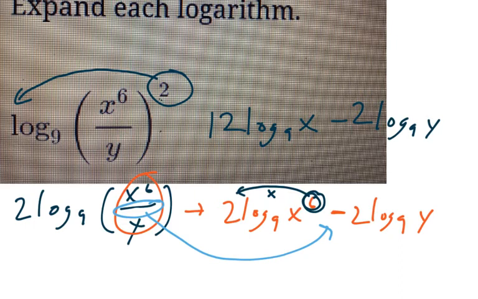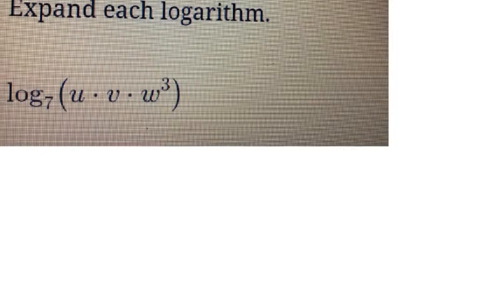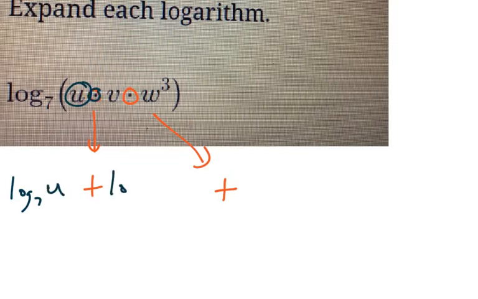Okay, let's do a few more expand, and we'll do some condensing, which is the same thing going backwards. All right, notice this one has a couple times right there, which will become pluses. Remember with exponents, when you multiply exponents together, you add, right? So we have log base 7 of u. That times again became a plus. Log base 7 of v.